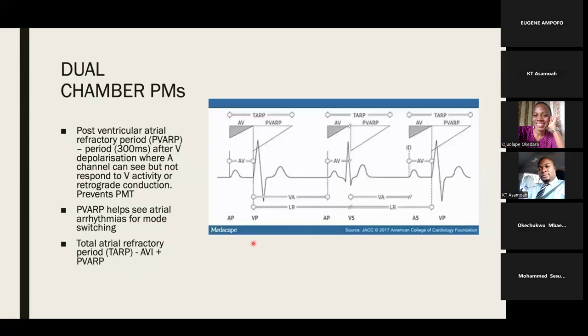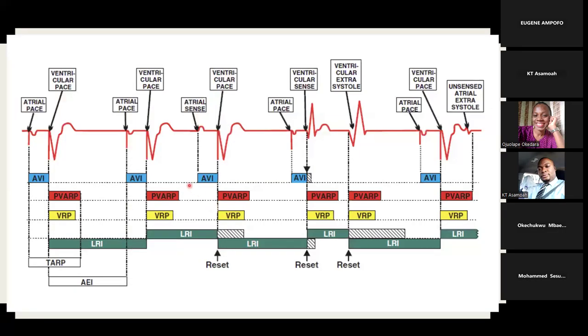Now, there's another important timing cycle called the post-ventricular atrial repolarization refractory period, or for short, PVAP. So after the ventricle is stimulated, the PVAP is a period where the atrial lead cannot react to anything.